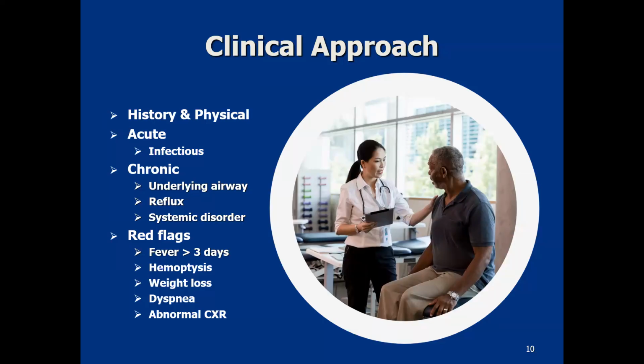Acute cough usually reflects an infectious or irritant cause. Chronic cough suggests an underlying airway issue, reflux, or systemic disorder. Typical red flags are fever greater than 3 days, hemoptysis, meaning coughing up blood, weight loss, dyspnea, and abnormal chest x-ray findings.